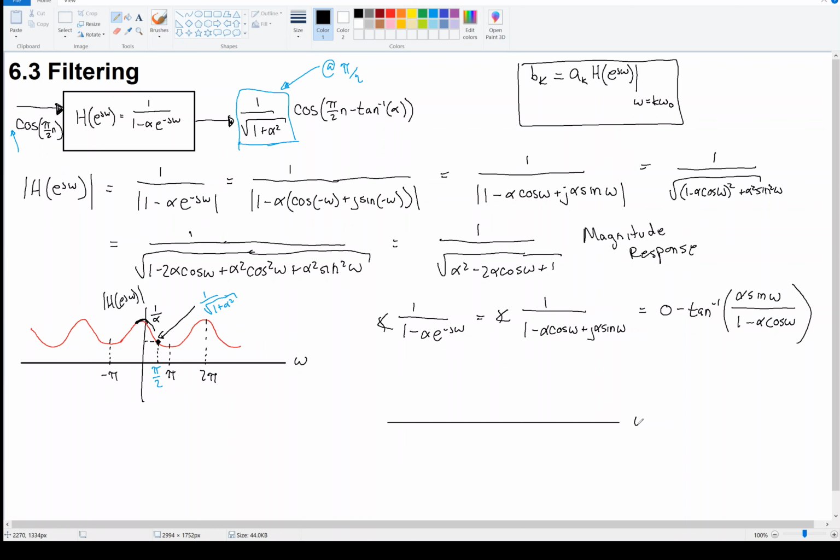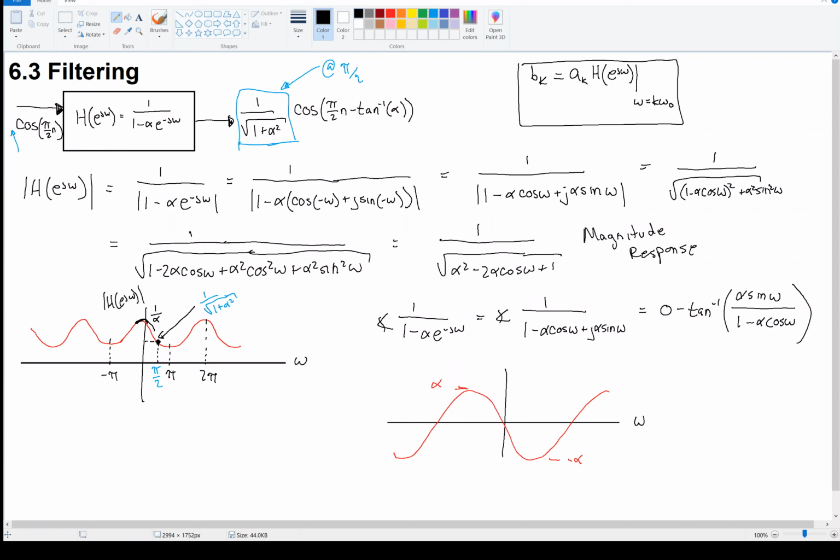Okay, so this is omega, and you don't need to know what this looks like off the top of your head, but it looks something like this. It's kind of a skewed sine wave almost, and this has a height of alpha, I believe, and minus alpha.